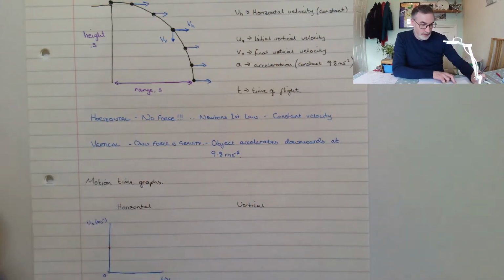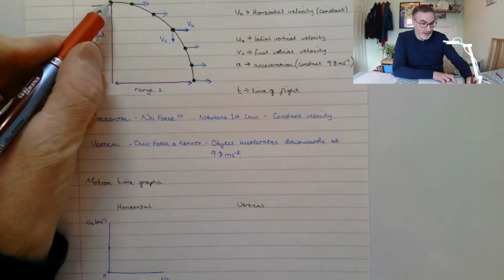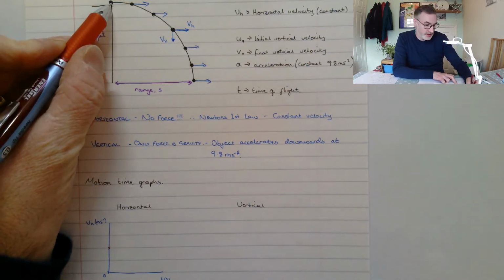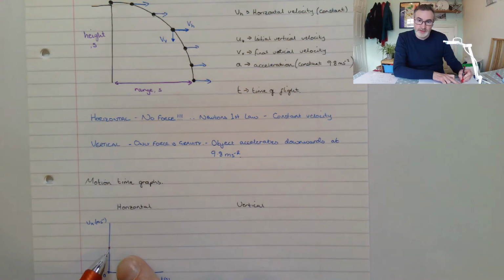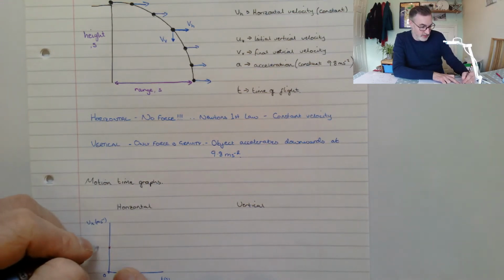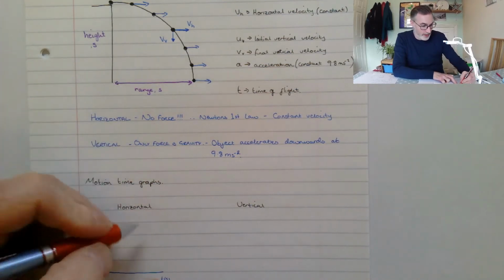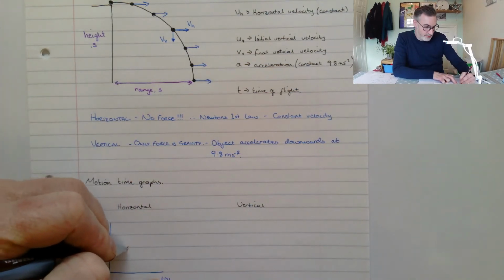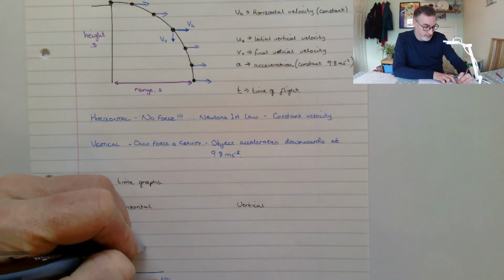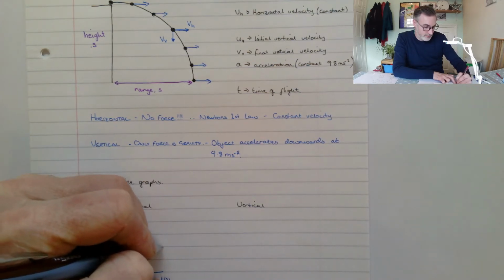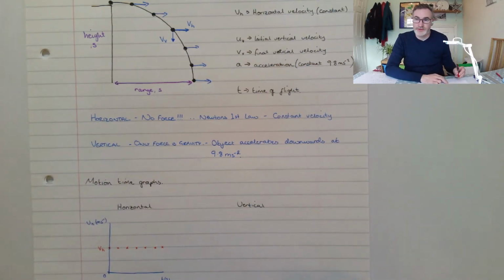And so when it first starts moving, when we first project it here, it's going to have a velocity of whatever it has, VH. And then at each of these points, that horizontal velocity is going to be the same.